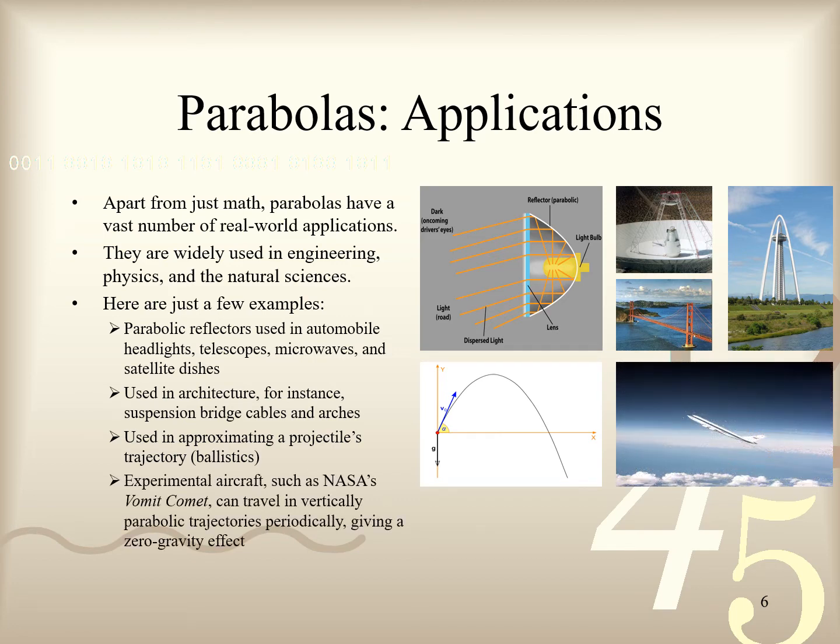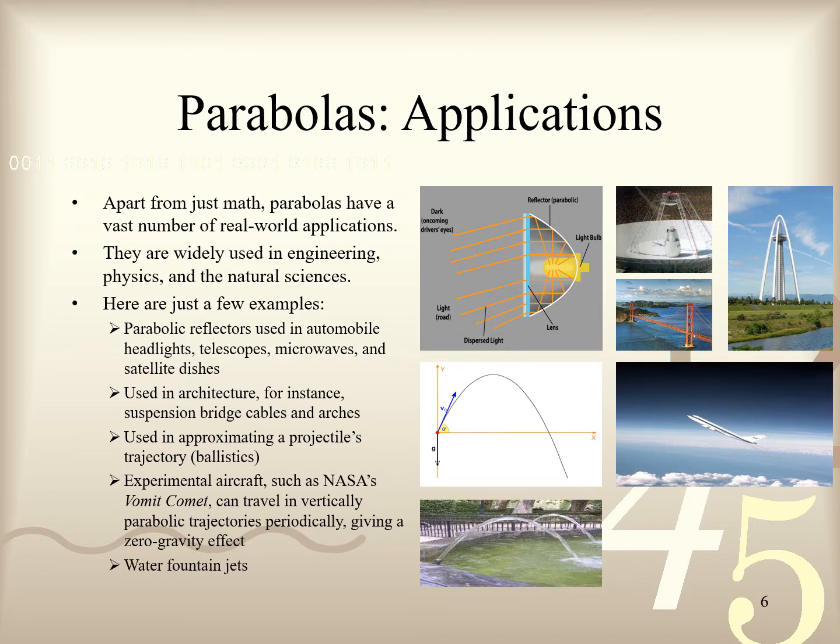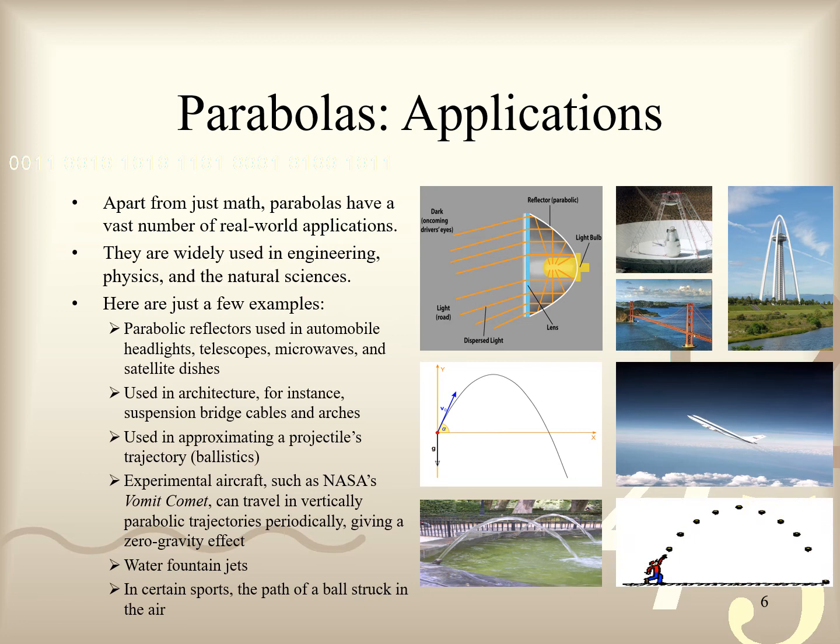Experimental aircraft, like NASA's Vomit Comet, have the ability to travel in vertically parabolic trajectories periodically, giving a zero-gravity effect. Water fountain jets can take on a parabolic shape. As a final example, in certain sports, a ball struck in the air travels in a parabolic path. The sources for these images will be provided at the end of this video, and in its description.